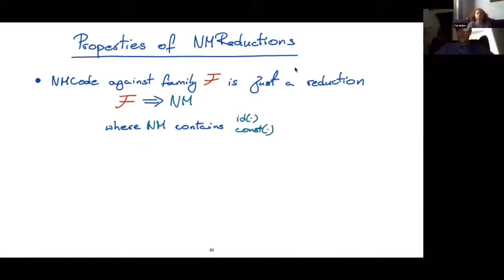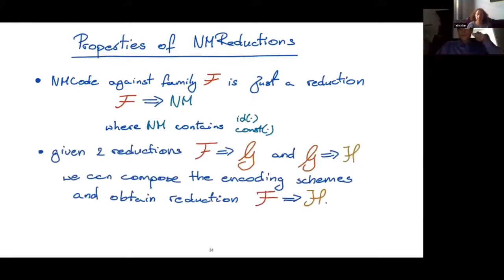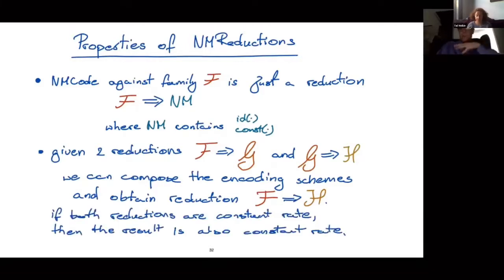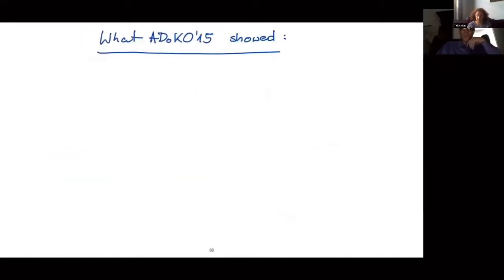So it's a family containing identity and the constant functions. Moreover, reductions compose. So if I have a reduction from F to G and from G to H, then by composing the encodings, I get a reduction from F to H. If both reductions are constant rate, then the composition is also constant rate.